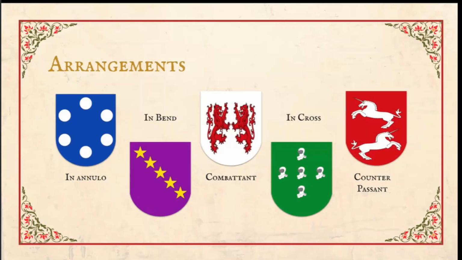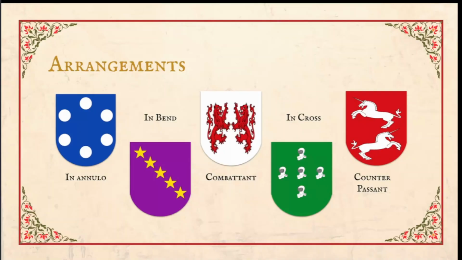So let's talk about some of the arrangements of things. I've been showing you a lot of pictures of a thing on a shield. You can put many things on a shield. If you want to tell me that the things on your shield form a circle, then you just say that they are in annulo. If you want to tell me that they go in a direction, like a bend, you can just say they're in bend.